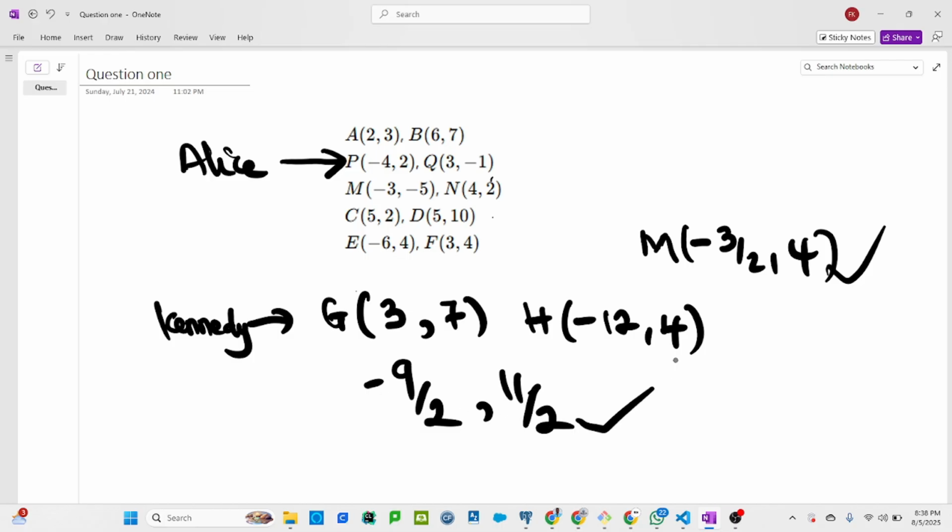Yeah, that's correct. Alice, what's your own? Sir, please, I got negative r into bracket negative 1/2 and 1/2. Yeah, that's very, very correct.